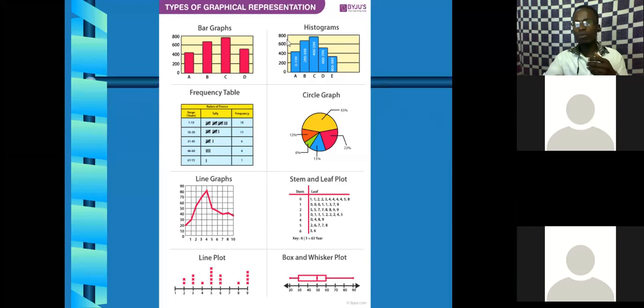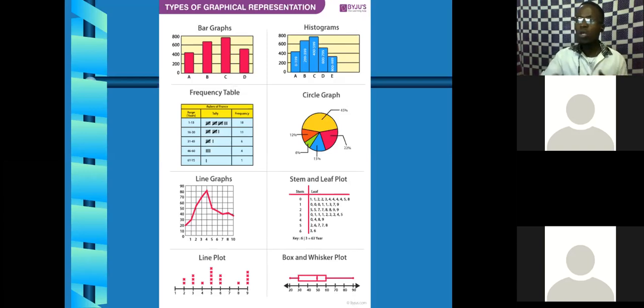One of the best qualities of a graph is that it is easy to understand even by a layman. Even someone that has not done so much mathematics, is not a specialist in that particular field, can easily understand what you're trying to talk about in that graph. So it doesn't have to be so complicated.